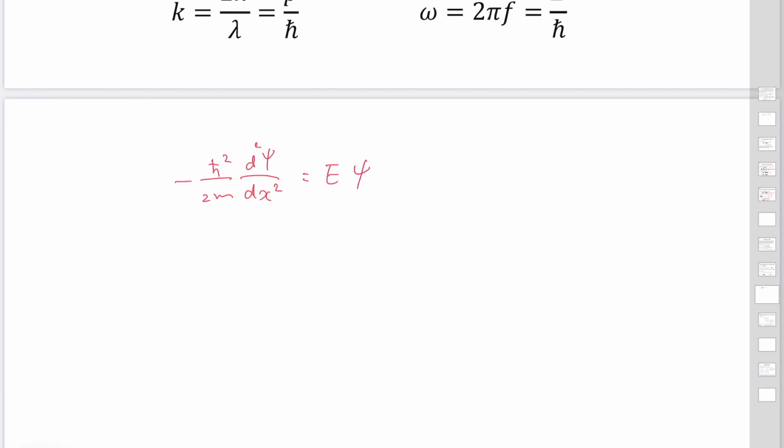In the case of the free particle, E becomes the kinetic energy, p squared over 2m times psi. P is expressed as h over lambda, so p squared is h squared over lambda squared. So here we use that the energy is kinetic energy, and here, that momentum is h over lambda.